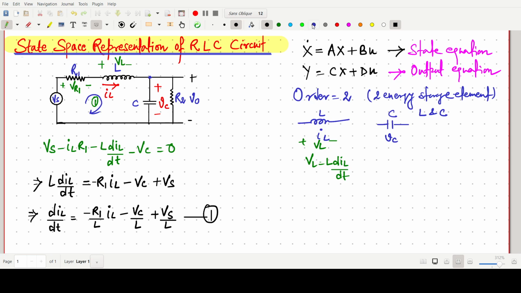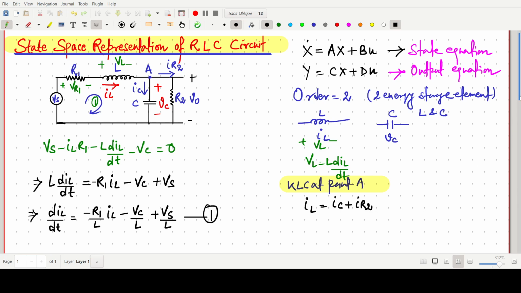Say this current is IC, and this current I am calling IR2, flowing through this, and this is point A. So now we have to write KCL at point A. The total incoming current equals the outgoing current. So IL equals IC plus IR2.